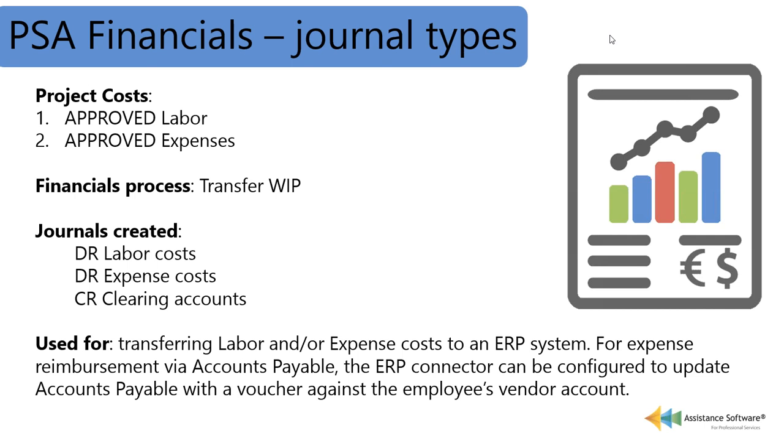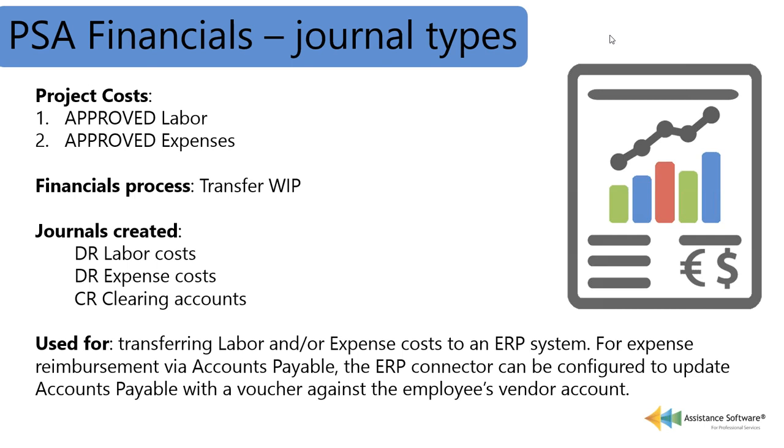If it's paid through accounts payable, your data connector would need to feed the approved expense costs into accounts payable in order to create a liability voucher so that checks can be cut for reimbursable expenses back to the employees that have submitted the expenses. If you needed to extract that data and update your payroll provider, because the payroll provider actually pays expense claims as well, then you have the ability to do so by extracting that type of data.